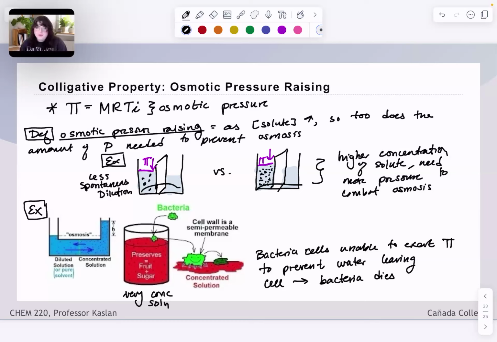And thus the food is now no longer harmful, right? It had bacteria, but because we put it in a hyper concentrated environment, all the water inside that bacteria cell escaped.